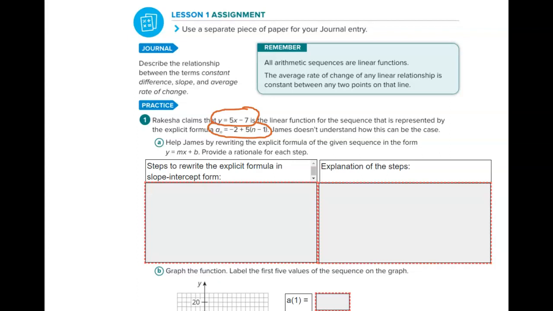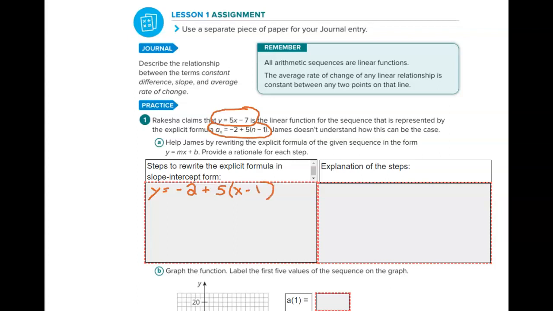And even though it says a sub n equals -2 plus 5 times n minus 1, I'm going to start by writing my output of a sub n as the output y, and then in place of n, I'm going to put an x. And that's just because we can use y to represent an output variable, and we can use x to represent an input variable.